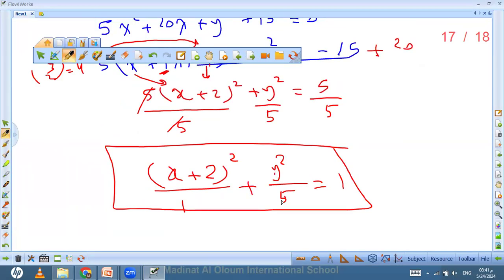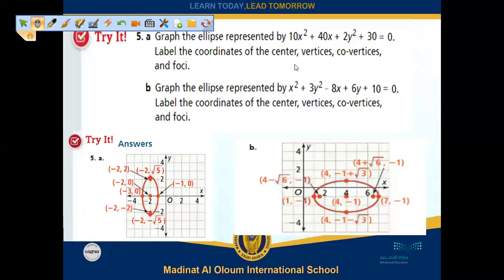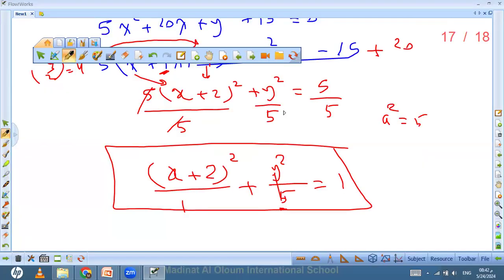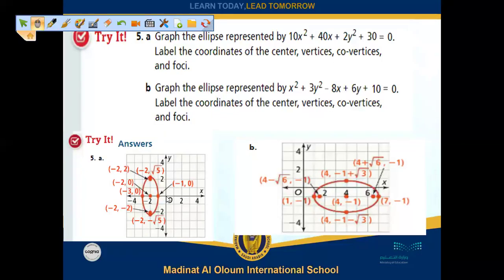Okay, guys. Now the bigger one was what? The bigger was y. This is a squared. A squared is 5, it means a with y is radical 5. And my center is (-2, 0): run negative 2, rise 0.